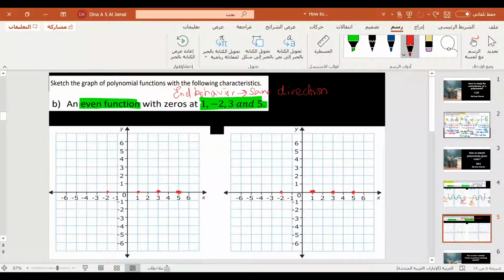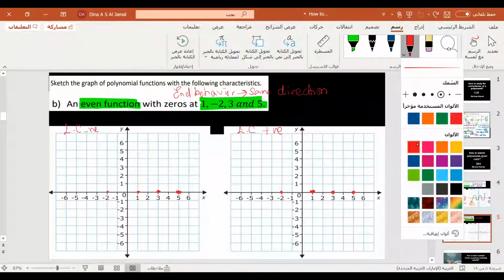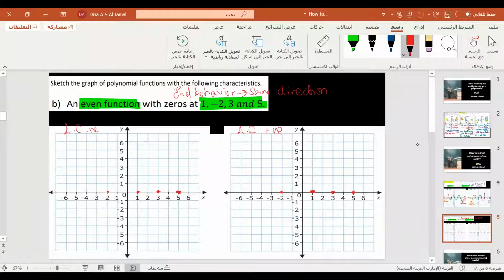And now we should think whether the leading coefficient is a positive value or a negative value. You have two scenarios here. Whenever your leading coefficient is positive, that means both of your end behaviors must go up.